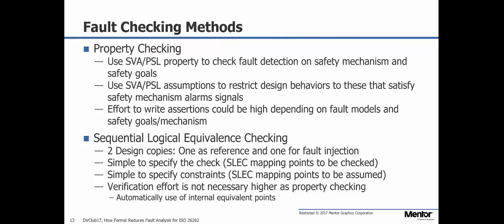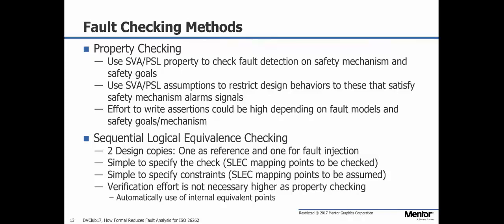Maybe you also have to add some SystemVerilog or PSL assertions to restrict the design to some specific behaviors. In general, the effort to write assertions can be challenging and high, but it depends on the fault models and the design that you have.